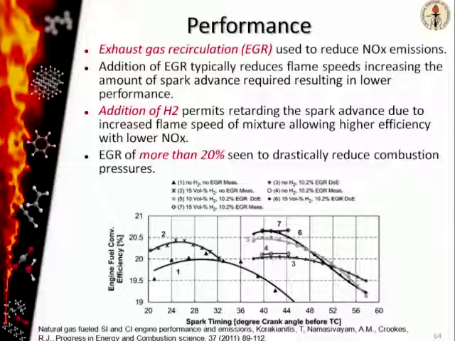This results in loss of efficiency. To get back to the improved efficiency you got from the addition of hydrogen, you have to add hydrogen to the EGR case as well, and that can boost your efficiency to these levels. I just wanted to illustrate all these different trade-offs associated with adding EGR or hydrogen in order to obtain improved performance from the engine.